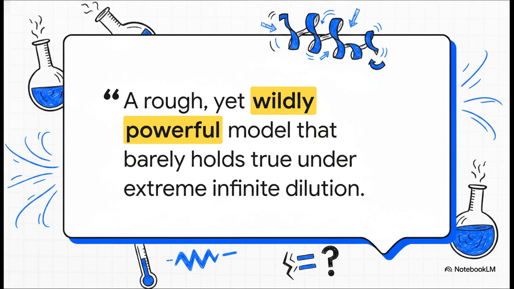These equations are a rough yet wildly powerful approximation model that barely holds true only under conditions of extreme infinite dilution. You see, Van 't Hoff's models assumed that the heat capacity of a system remained perfectly constant regardless of temperature. Now, that was a brilliant assumption to get the math to actually work back in the 1800s, but it's flawed today because it ignores the massive, shifting heat capacities we see in complex systems, like when biological proteins unfold.